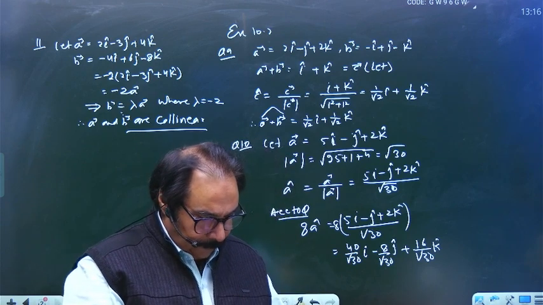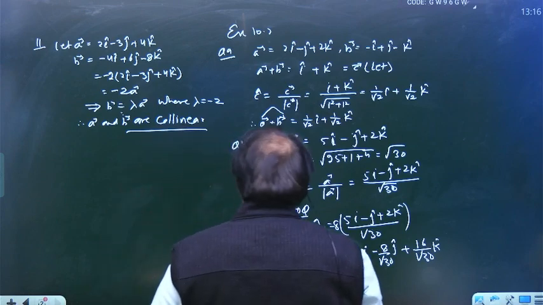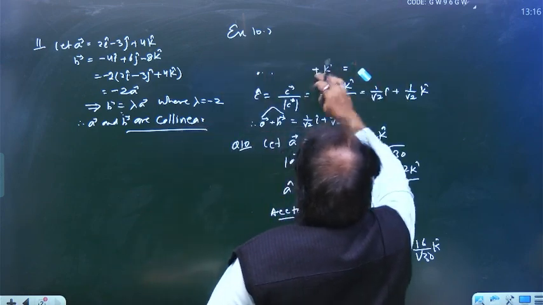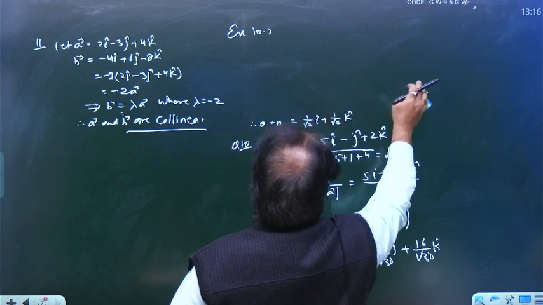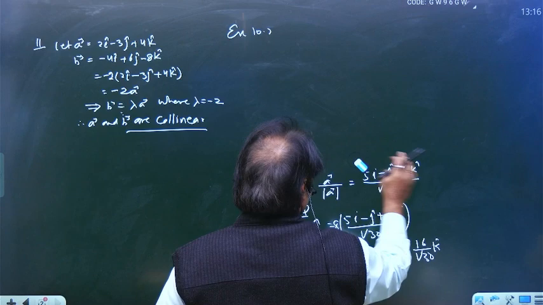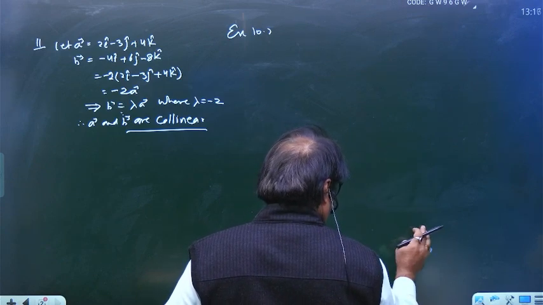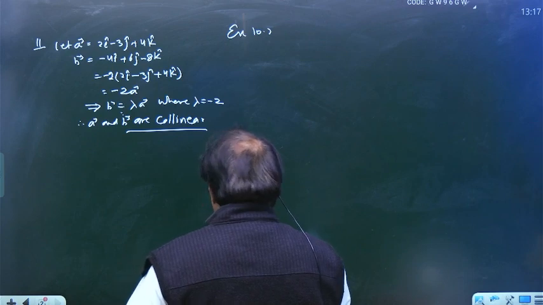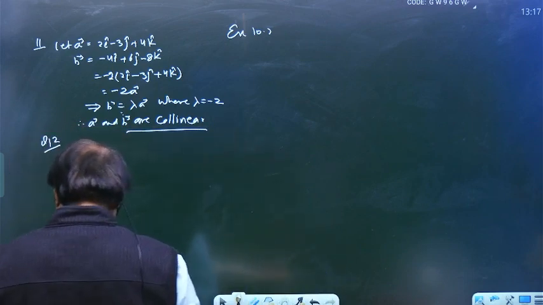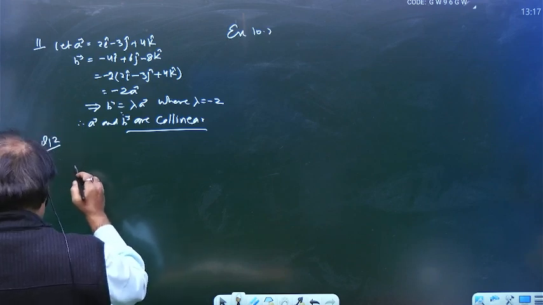Now the next question, number 12: find the direction cosines of the given vector.